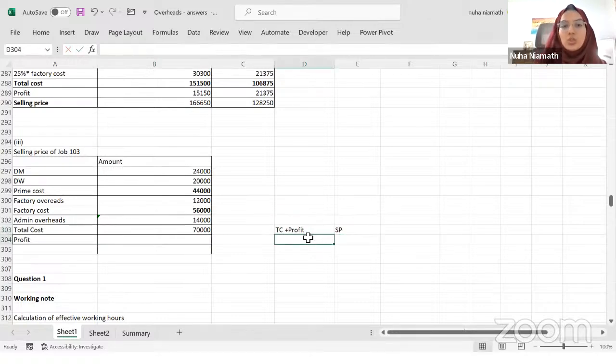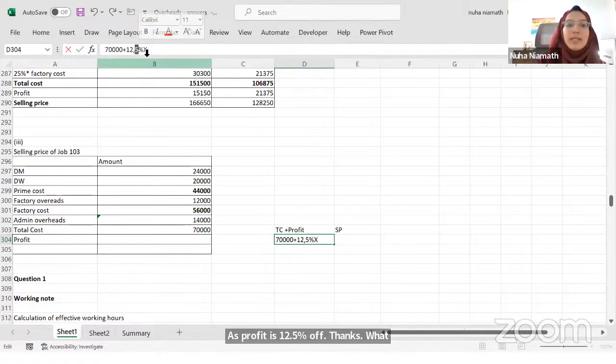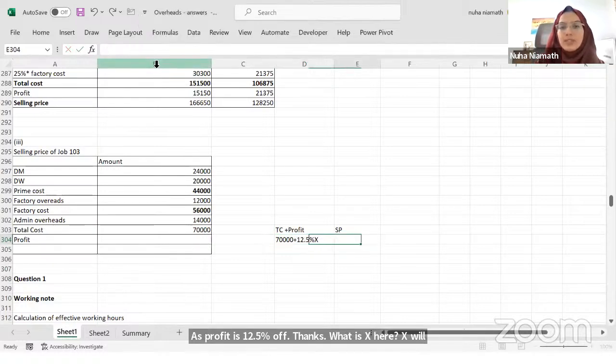Here, total cost we know is 70,000 plus profit is 12.5% of X. X will become my selling price.